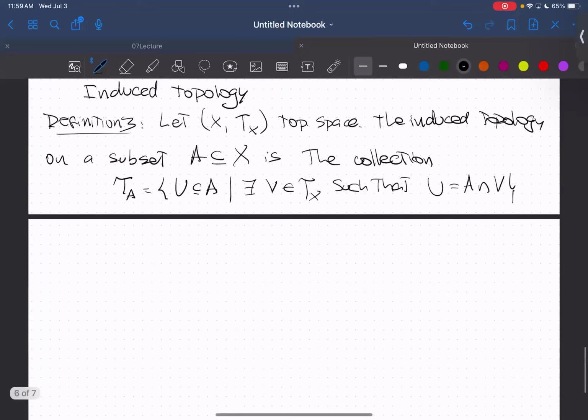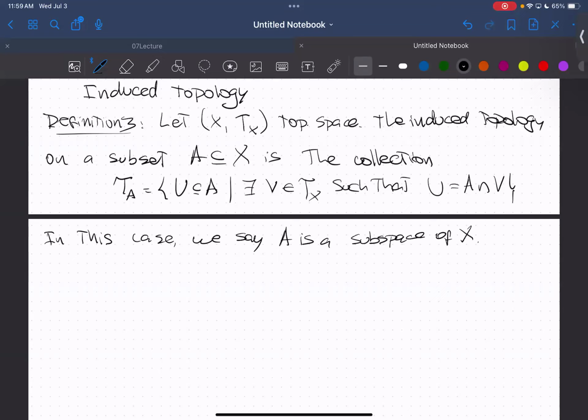And you prove in homework 1 this is a topology on A. So if you endow A with this topology, we say A is a subspace of X. Not only a subset, we say it's a subspace because we're imposing this topology. So you prove this is a topology on A, and examples, maybe something I should have said before.